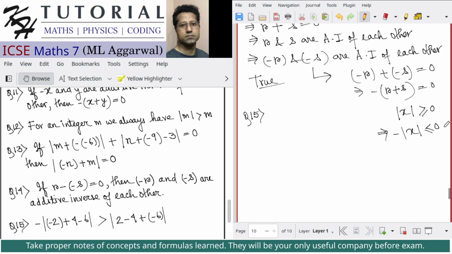Which integers are not positive? 0 is not positive, and also all negative integers are not positive. So all integers which are less than or equal to 0 are non-positive integers. So for any integer x, the negative of absolute value of x will always be less than or equal to 0. Now, let's see.